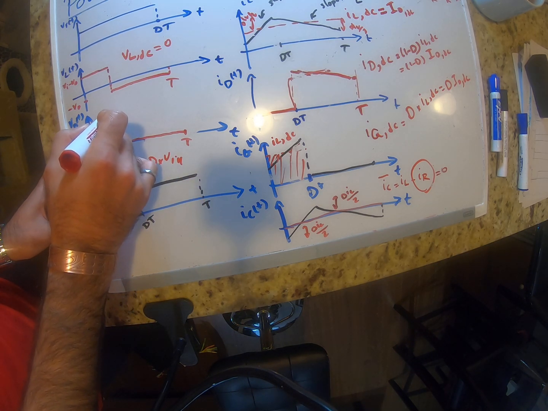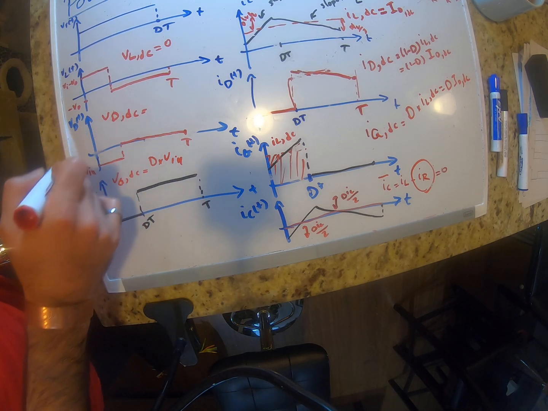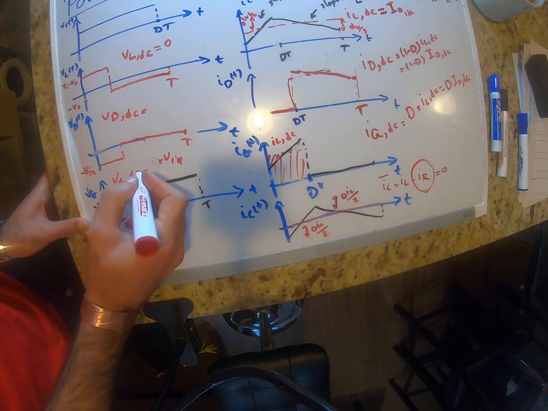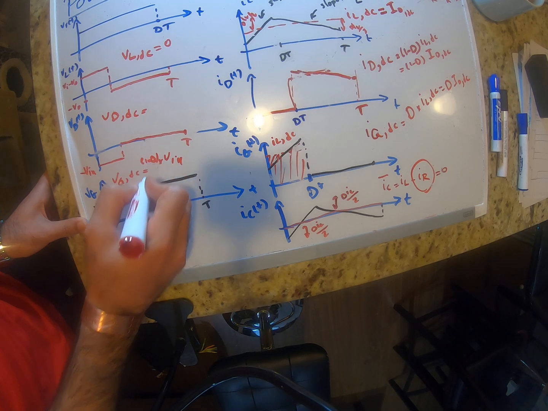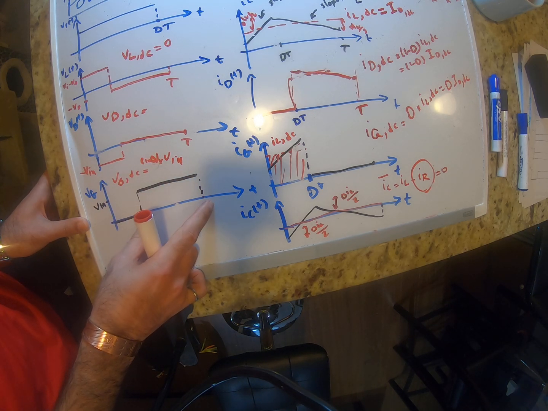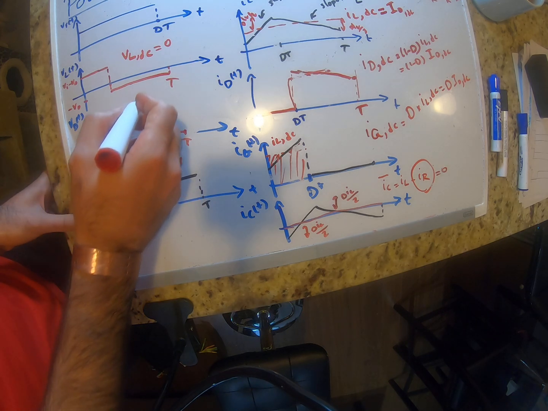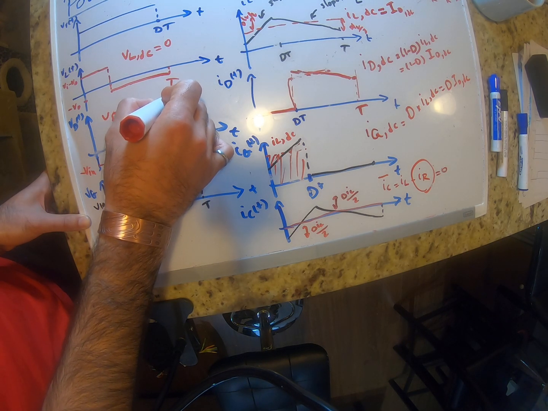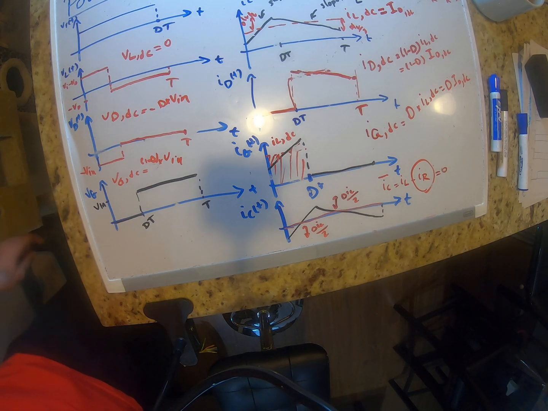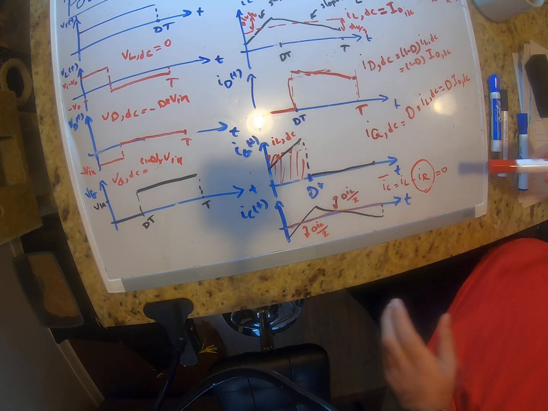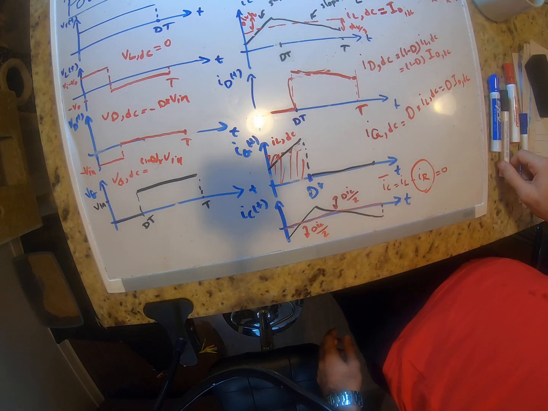And VD average is equal to, sorry, this was 1 minus D times T times V in divided by T. So in this one, it's going to be negative D times V in. Okay, so we calculated the average or DC values of all of these parameters.